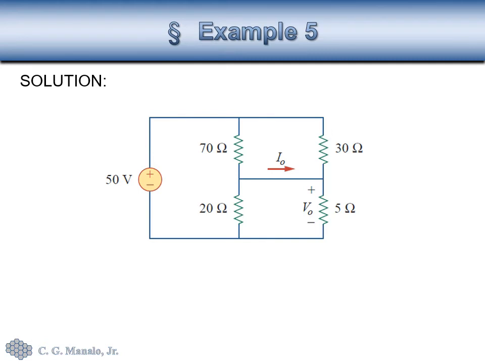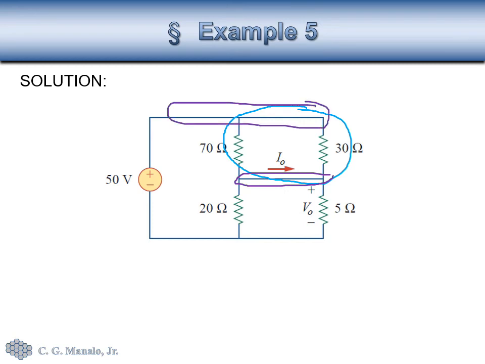Now we notice that these two resistances are in parallel because they are connected to this node and this node. So therefore they can be combined as one resistance equals to 21 ohms, and also that 20 and 5 are in parallel as well because they belong to this node and this node as well.